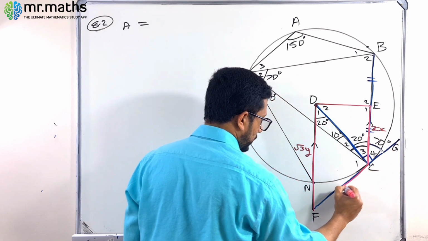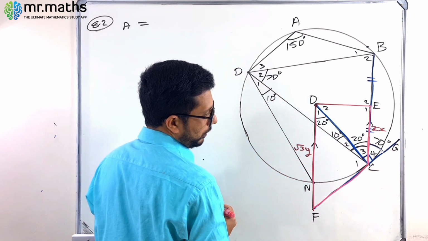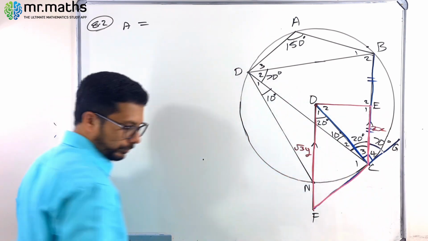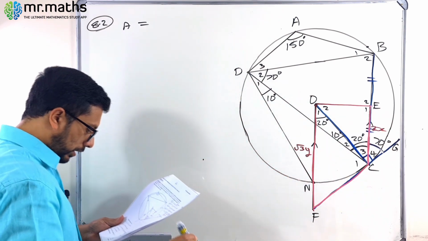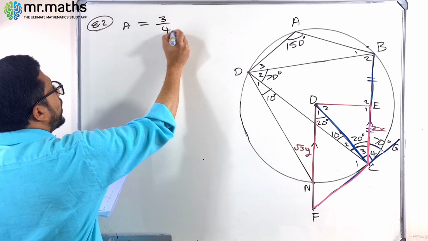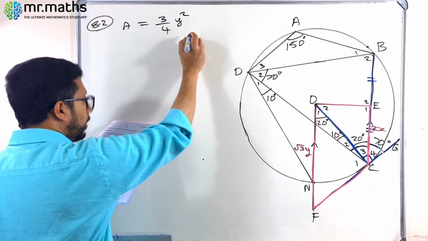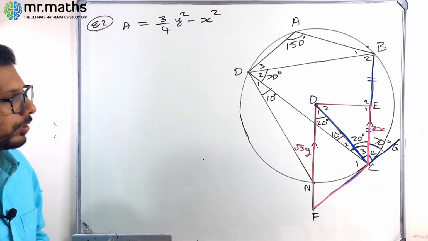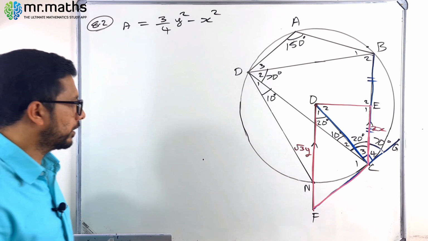The area of this one. What is the area of that one? 3 by 4 y square minus x square. Area of that one is 3 by 4 y square minus x square.